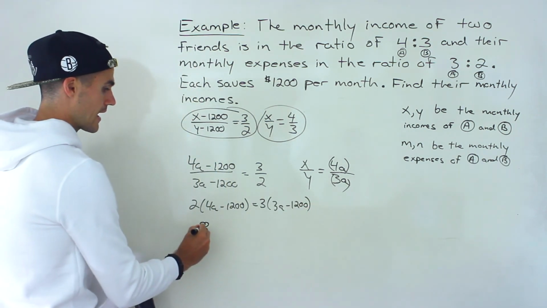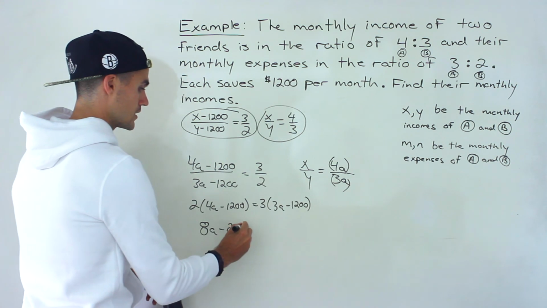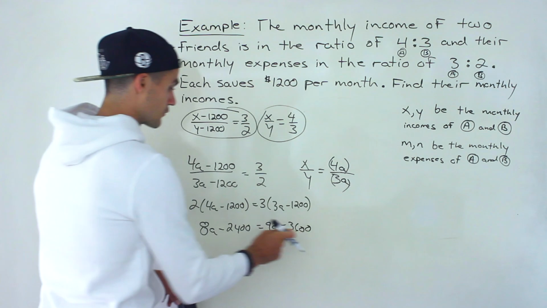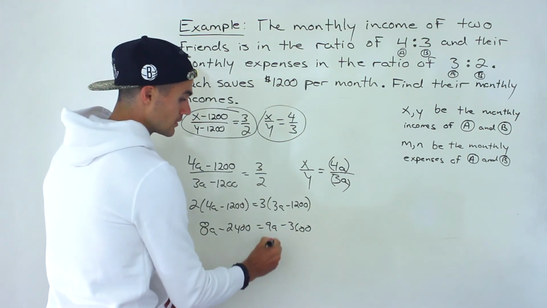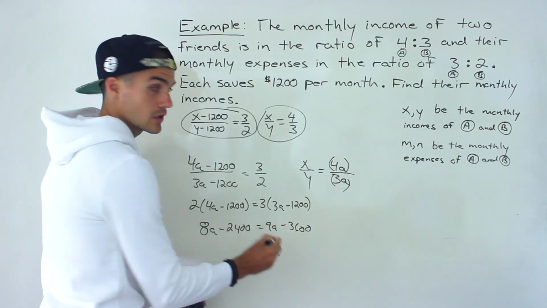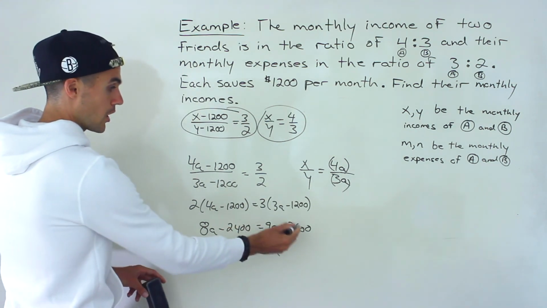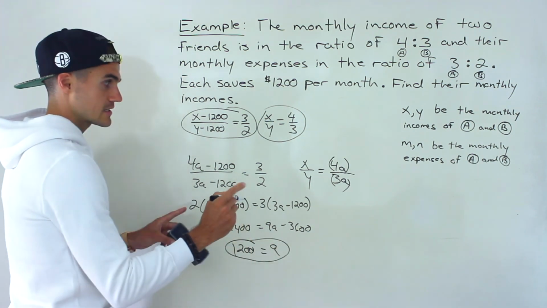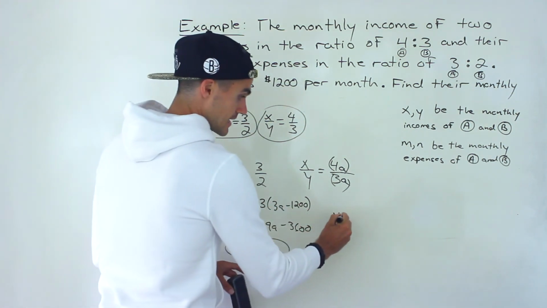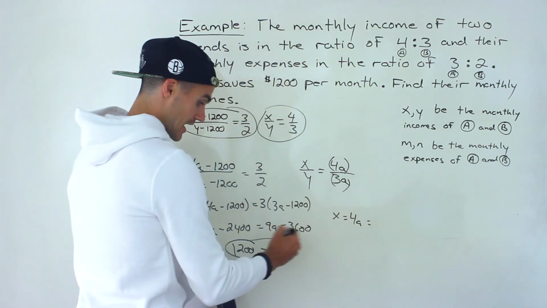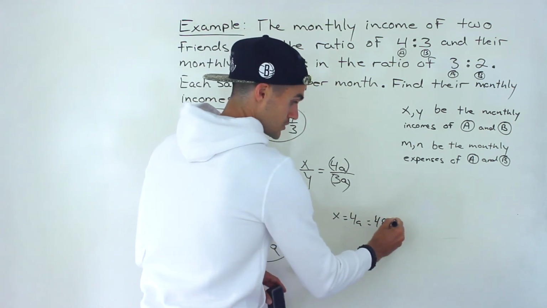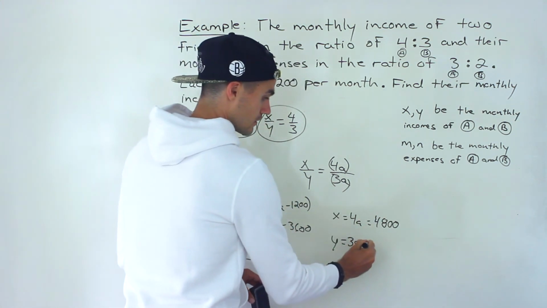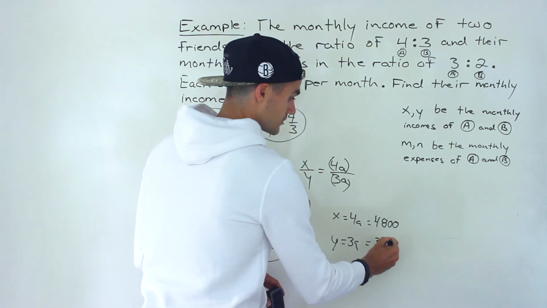So you'd have 8a minus 2400 is equal to 9a minus 3600. Bring the negative 3600 over, bring the 8a over, and then you'd have 9a minus 8a, which would be 1a. Positive 3600 minus 2400 will give you 1200, but that is the constant, and then x is 4a, which would be 4 times 1200, which would give you 4800, which is the answer we got before. And then y equals 3a, 3 times 1200, which is 3600.